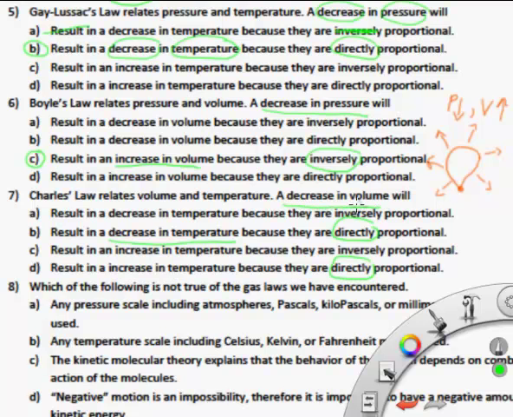My tip to you: when you're provided with a law, know that the variables are either directly or inversely related, and then pay attention to the next thing. We know that volume and temperature are directly proportional, so it's one of those two options right up front. Since it's directly proportional, it should just do the exact same thing: a decrease in volume, a decrease in temperature.